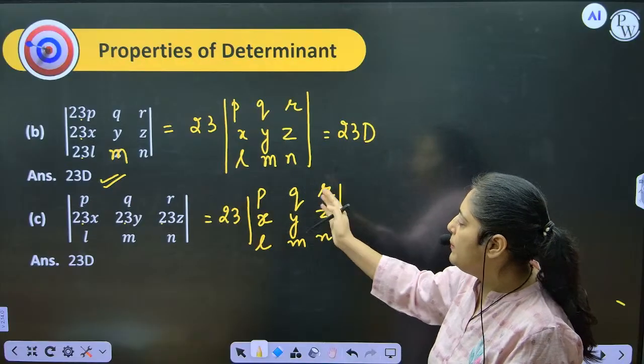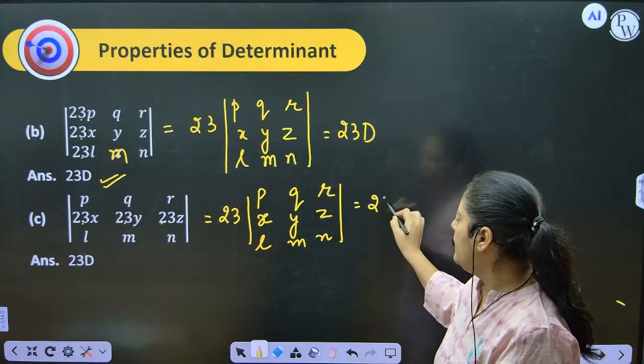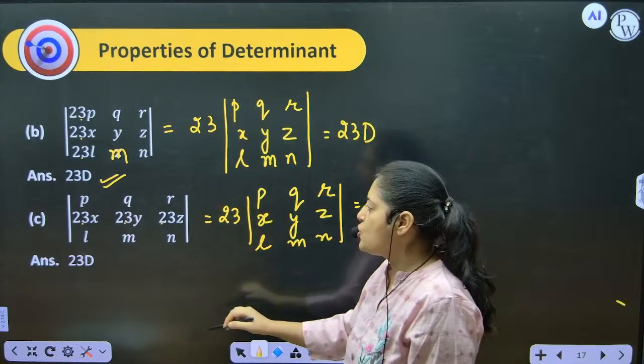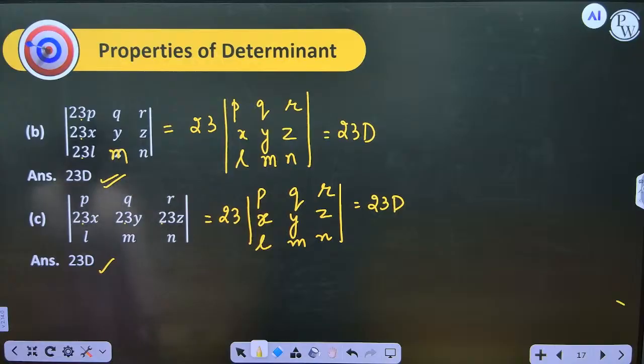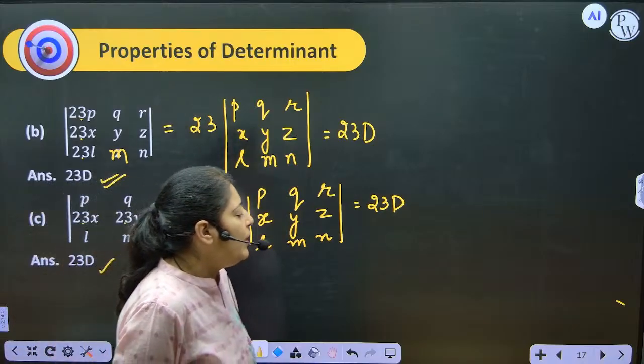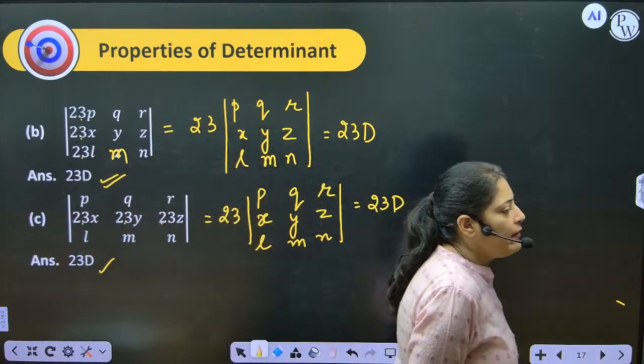Again, this is nothing but determinant D only. 23 into D is 23D is the answer. Note it. One property is left that I'll write it.